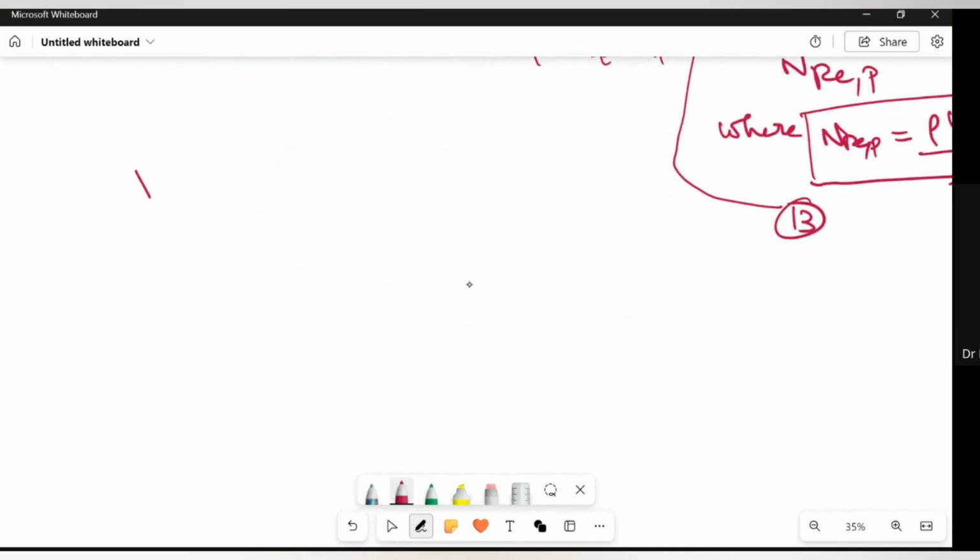What we are going to do is get a final equation once we substitute 10, 11 and 13 in equation number 9.